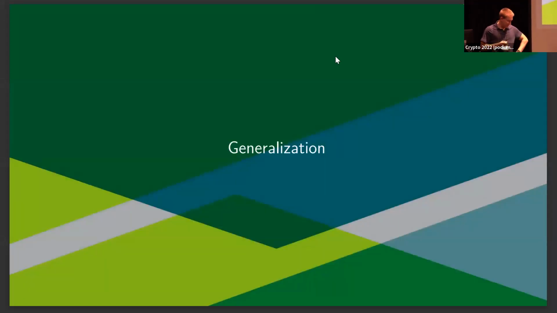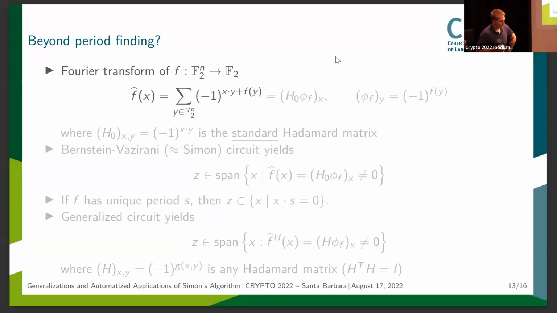Okay, then let me quickly talk about the generalization part, so about our negative result. Let's first consider the Fourier transform of a Boolean function f, which is just the sum over all y of (-1) to the inner product of x and y plus the function evaluated at y.